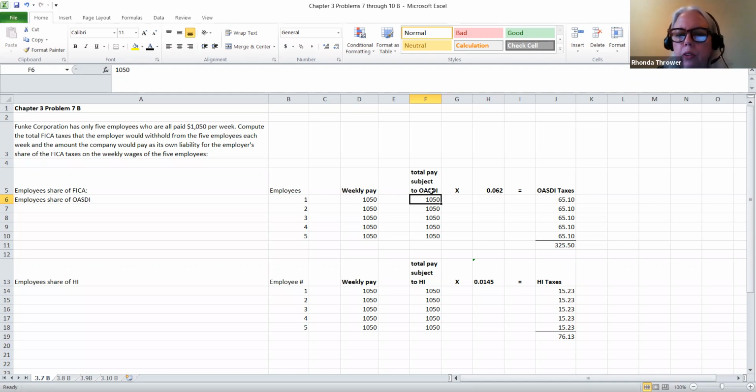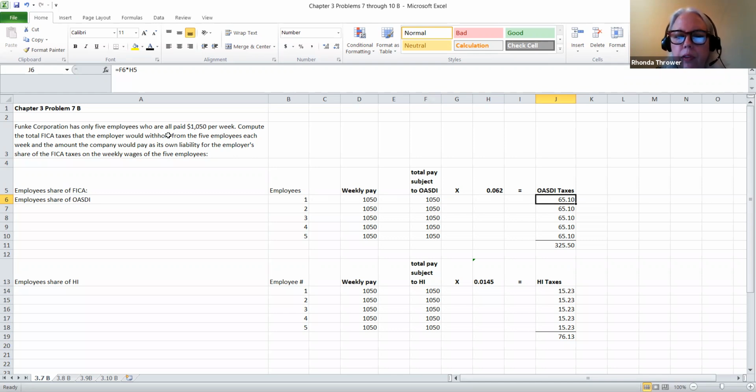So we're going to take the total pay subject to OASDI and multiply it by the tax rate of 6.2%, which I've converted to a decimal here. And that will give us the amount of OASDI taxes that employee number 1 owes on this weekly pay. The amount that employee 1 owes is $65.10.